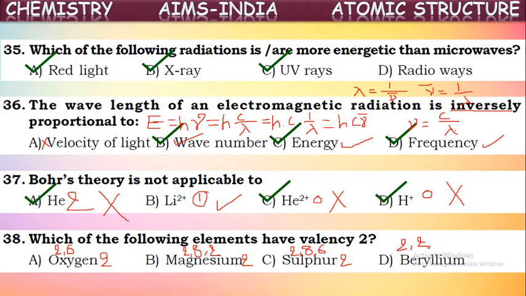Now if you observe, it has 2 electrons in its valence shell. So to become stable, it can lose these 2 electrons and hence its valency is also 2. Actually, beryllium shares 2 electrons to form 2 covalent bonds. So its valency is 2. Finally, for all these elements, valency is 2. That might be either by losing electrons or by sharing electrons or by gaining electrons, but anyhow the valency is 2 for all these elements.